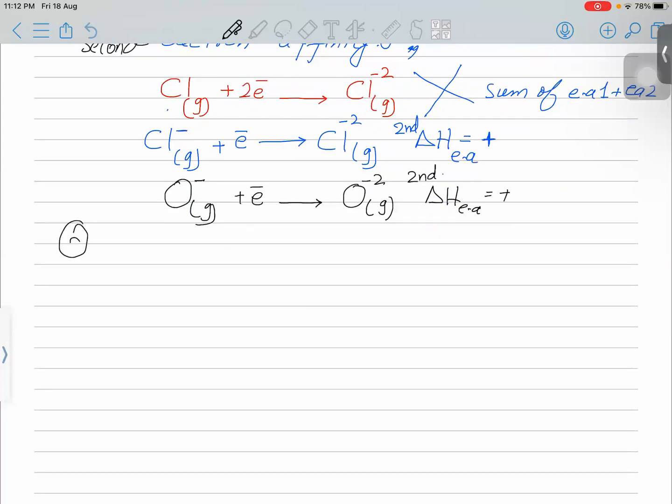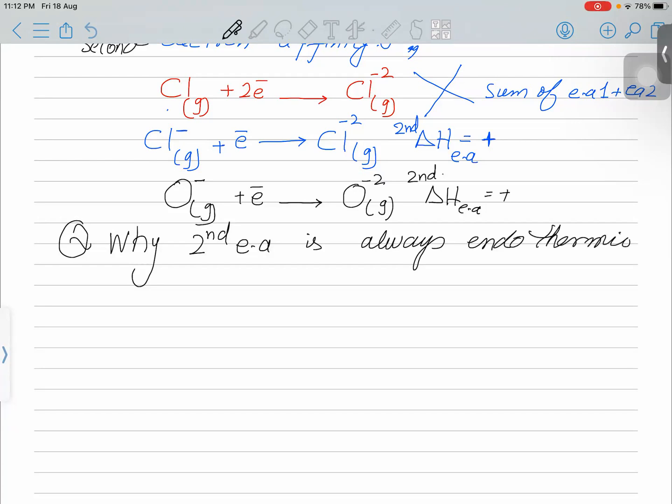So why is second electron affinity always endothermic? There are repulsive forces between the electron and the negative ion. So energy is required to overcome the repulsive forces to get an electron.